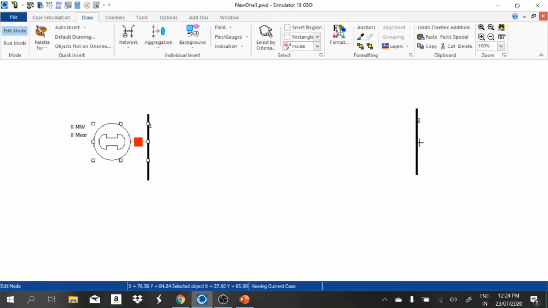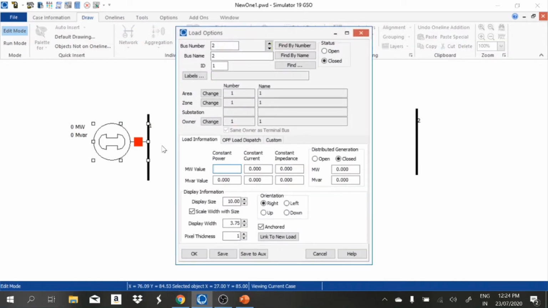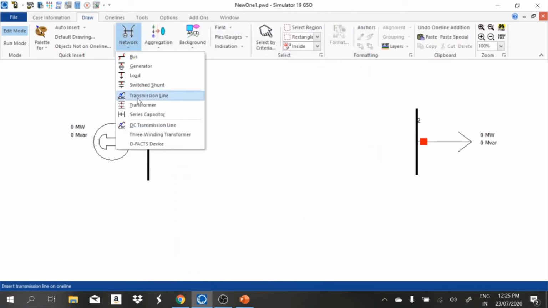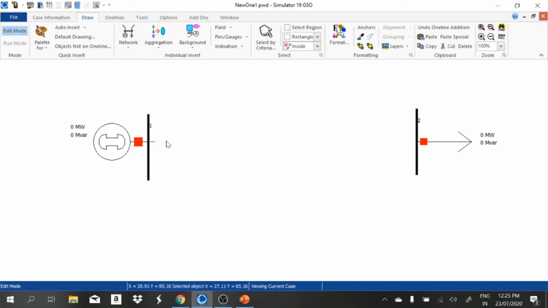Load is connected at bus 2. Here I take a 100 megawatt load. The transmission line is connected between bus 1 and 2.